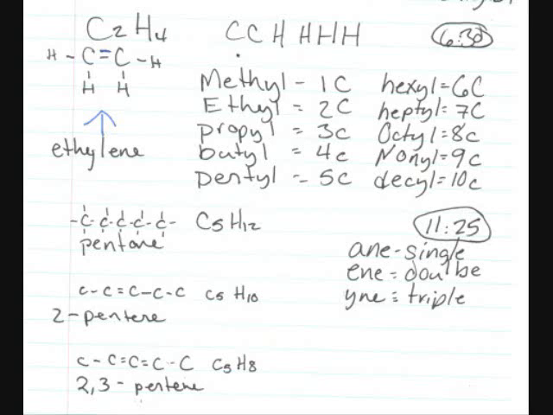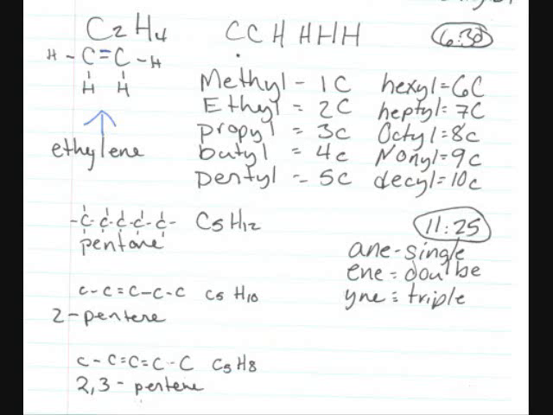Okay. So, what if, though, I had a double bond here? Now, a double bond changes the ending. We still have the same number of carbons. The double bond changes the ending, and it's ENE, pentene. But we have to say where that double bond is.